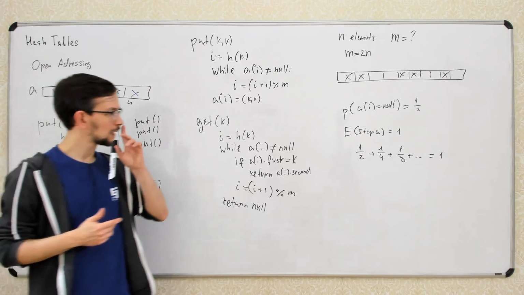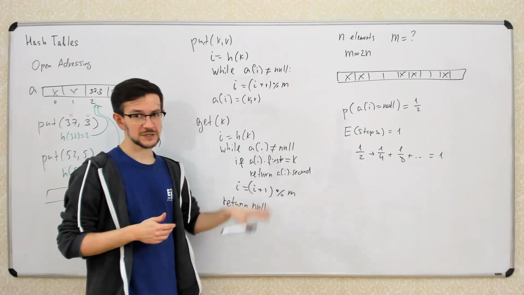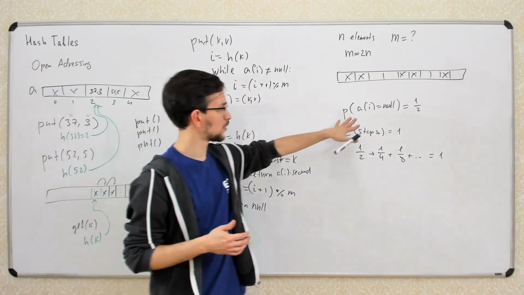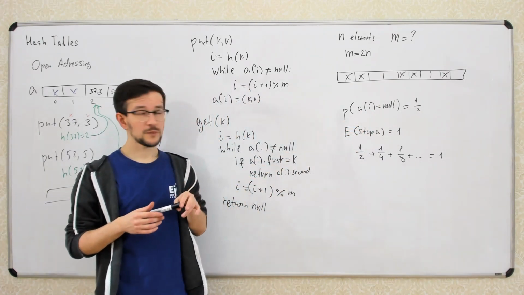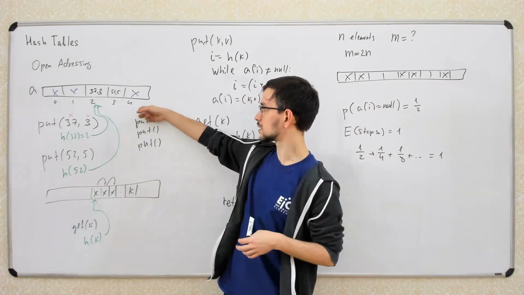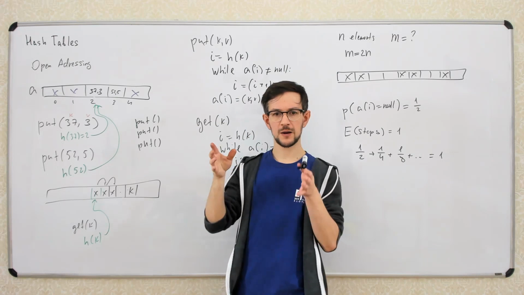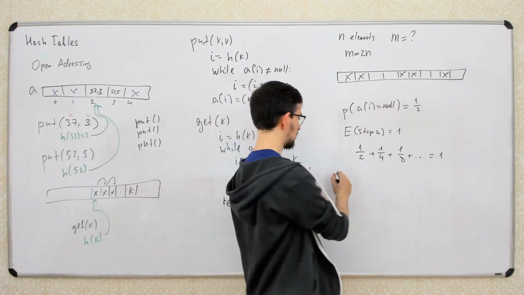Now, that's almost true, not exactly. What is the problem? These probabilities are not independent. Because of the way you put elements in your array, there may be some clusters of filled cells.